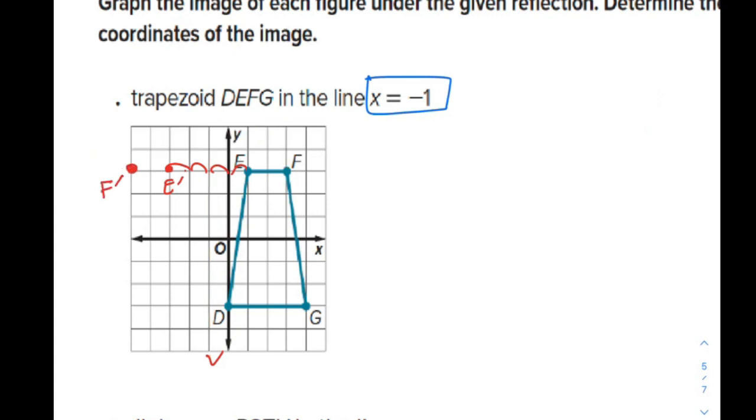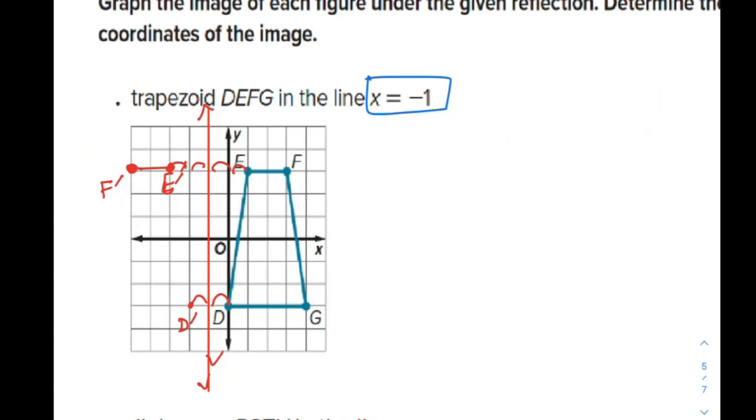I will erase those so that you don't get disturbed. So this is E prime, and I will match. This is x equals -1. Okay. So this is the first one, I will leave it so that you remember. So this is E prime, F prime. Okay. What about D? It is 1 unit from the right, so it will be 1 unit to the left.